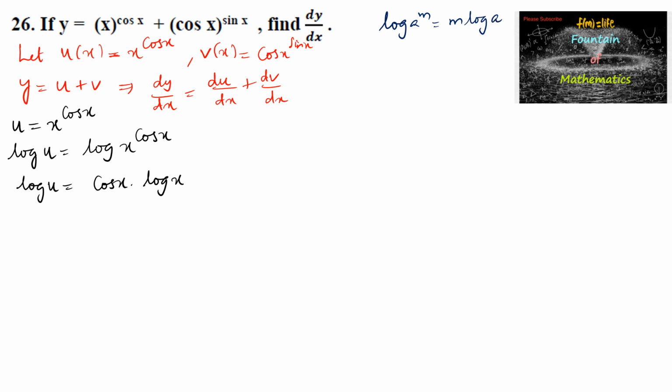Now differentiate with respect to x on both the sides, so that we can have 1 upon u into du by dx is equal to, applying uv rule, cos x into differentiation of log x is 1 upon x plus log x into differentiation of cos x is minus sin x.